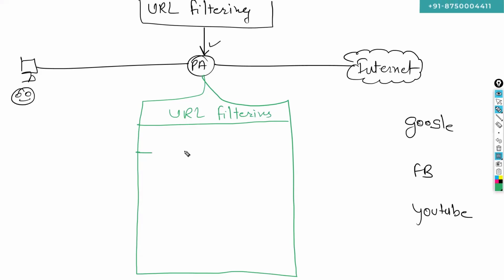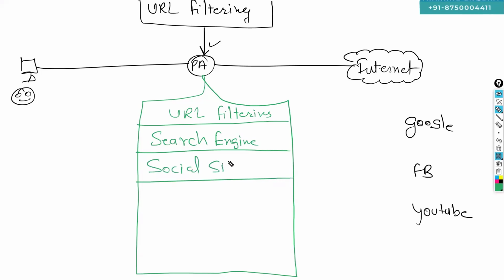For example, Google belongs to search engine. Facebook belongs to social sites.